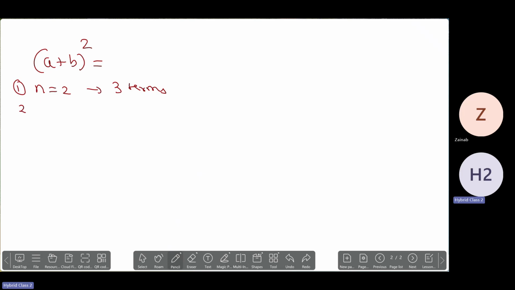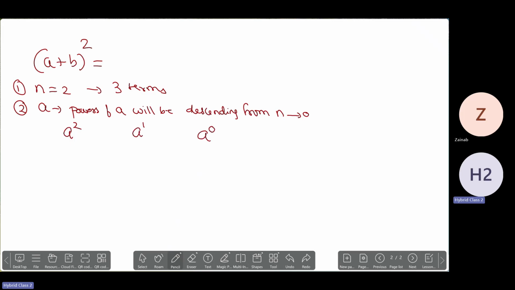Okay, next one. Here a is there, no, the first term inside the bracket, right? The powers of a will be descending from n to 0. Which means what? A to the power 2, first term. A to the power 1, second term.